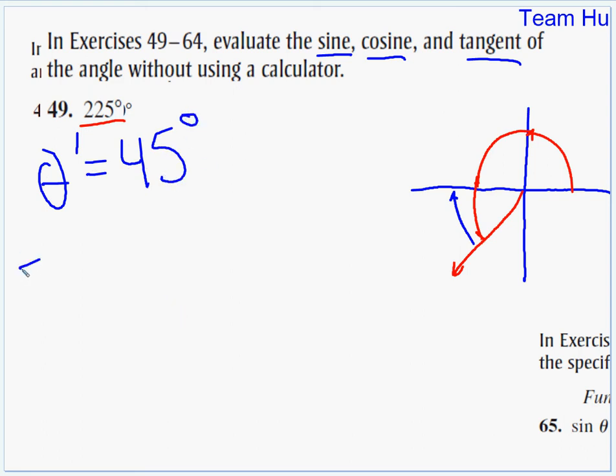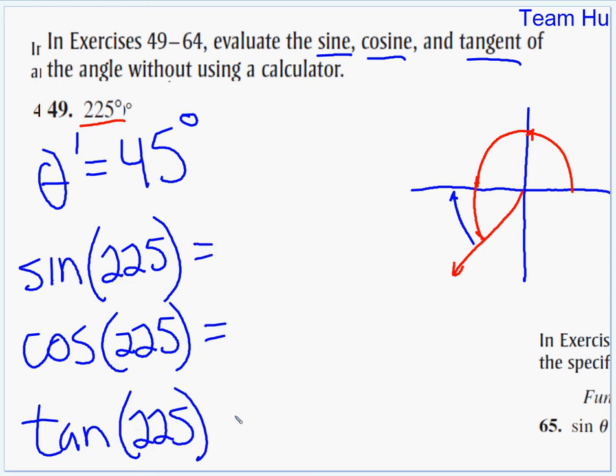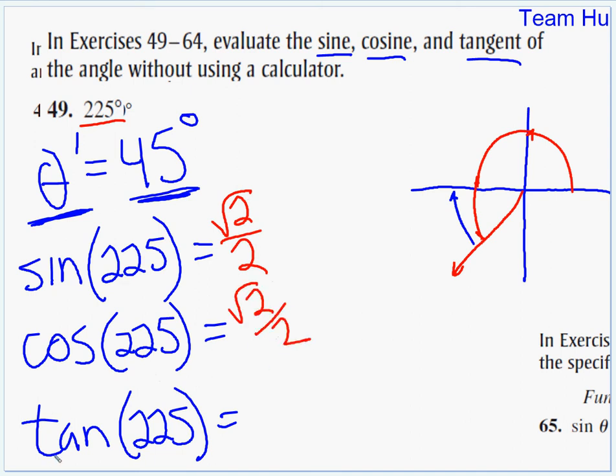Now I'm going to come down here and do a list. We're going to do the sine of 225, the cos of 225, and the tan of the same 225. We're going to get the values from the table because of our reference angle. Theta prime is 45. If you flip back to the table, the sine at 45 is root 2 over 2, the cos at 45 is also root 2 over 2, and the tan at 45 is 1.